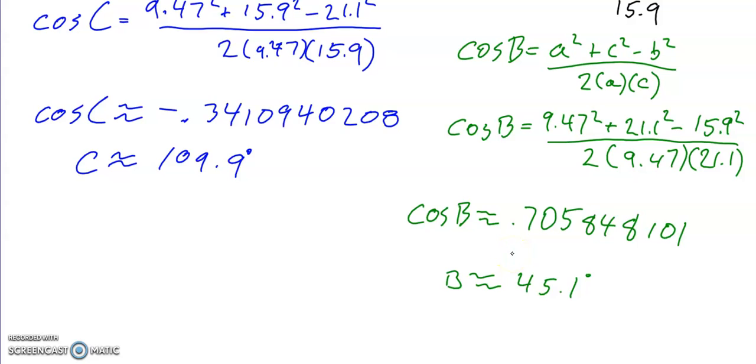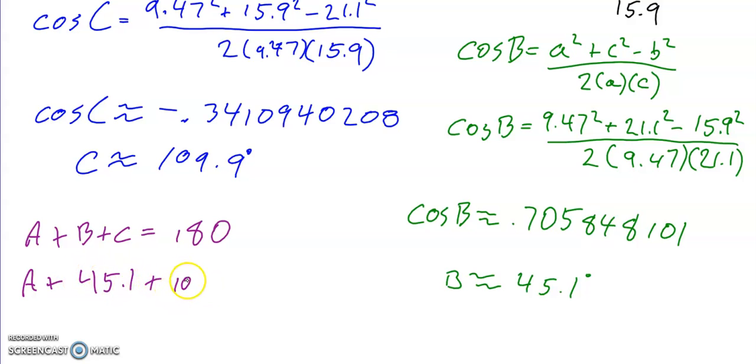Now, what we want to do instead of using the law of cosines to find angle A, because inevitably we're not going to quite add up to 180 because of the rounding, is jump right in and say A plus B plus C equals 180. Well, we know B and C. So A plus 45.1 plus 109.9 equals 180.